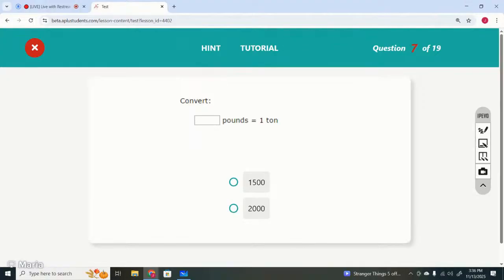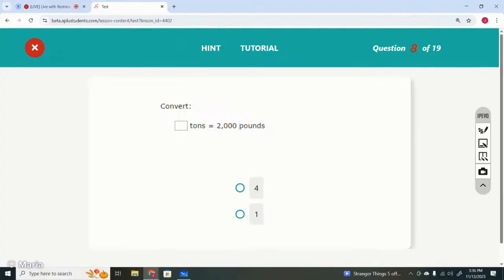1 ton equals how many pounds? 1 ton equals 2000 pounds.